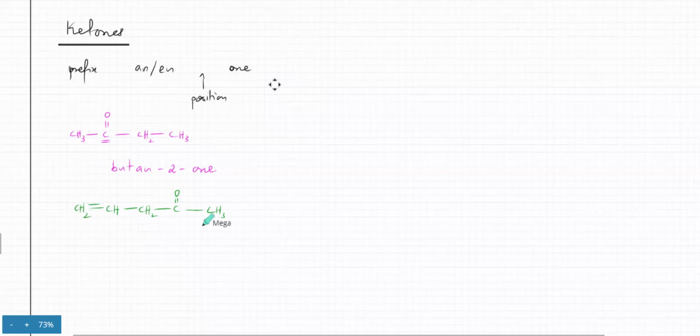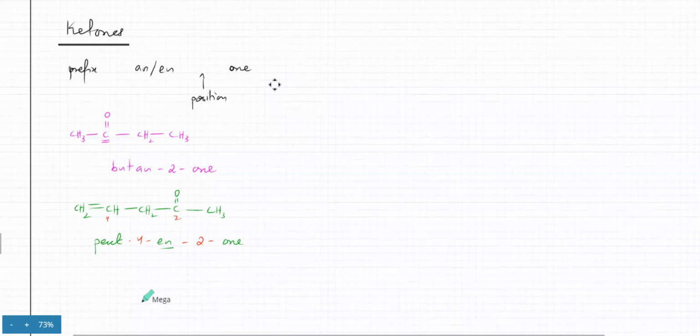The name of this molecule would be pent, 5 carbon atoms in a line, and it would be "en" because it's unsaturated, and "one" at the end. Now the "one" is at position number 2, and the "en" would be at position number 4. So it's pent-4-en-2-one. Is this clear to everyone? Ibrar? Yes, sir.